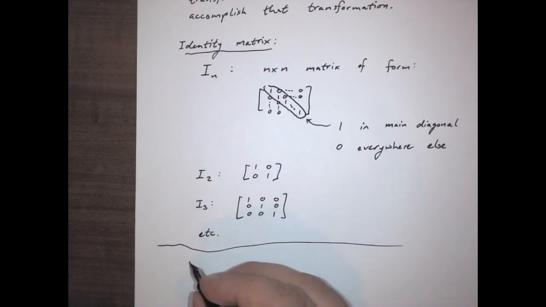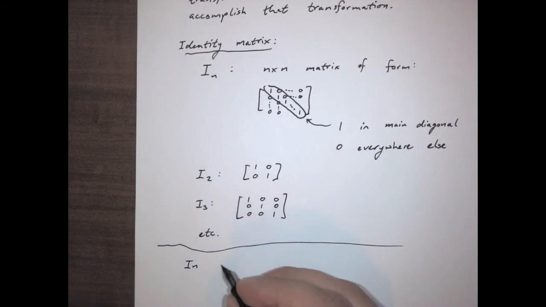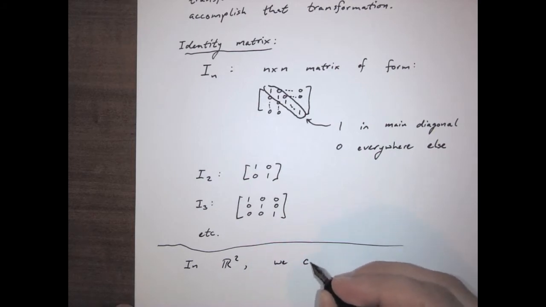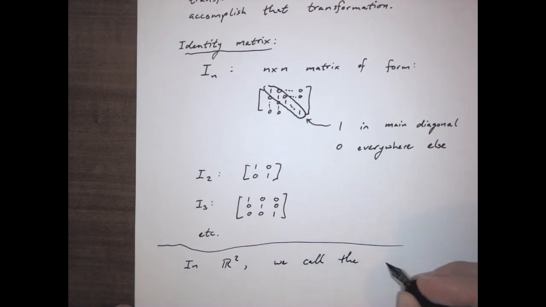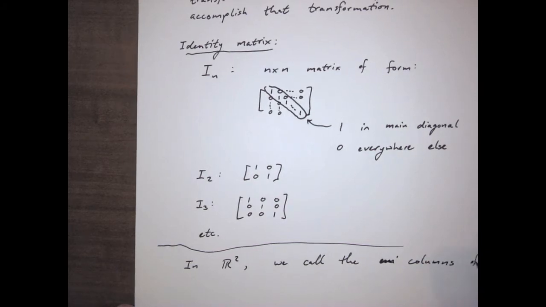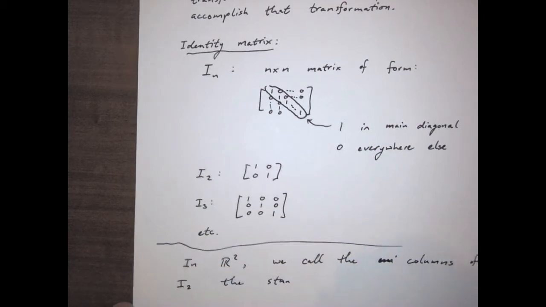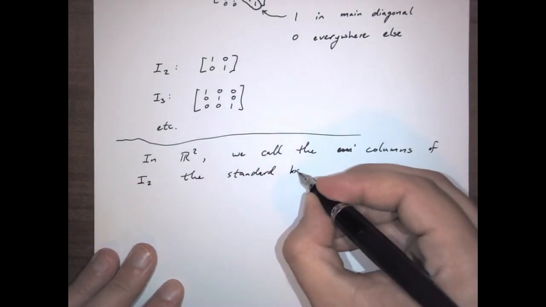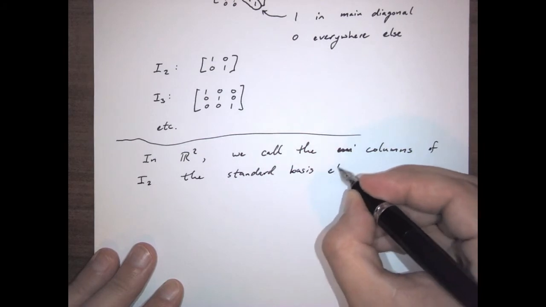Now, specifically in R2, we call the columns of I2 the standard basis elements.